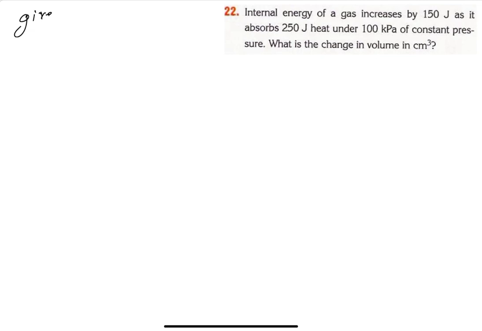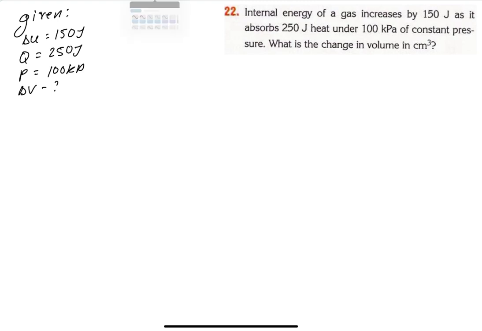We have delta U, which is positive 150 joules, and then Q, which is 250 joules, also positive, and pressure, which is constant at 100 kilopascals, and we need to find delta V, change in volume in centimeters.